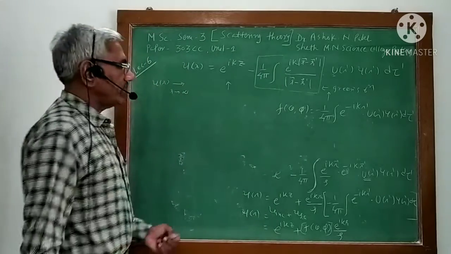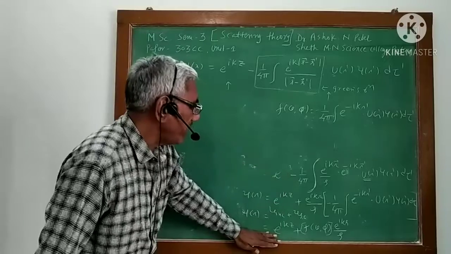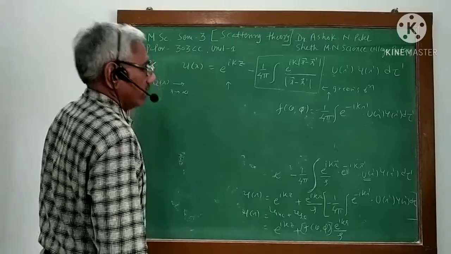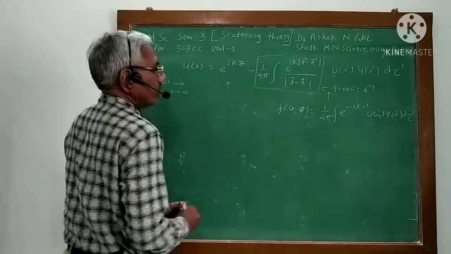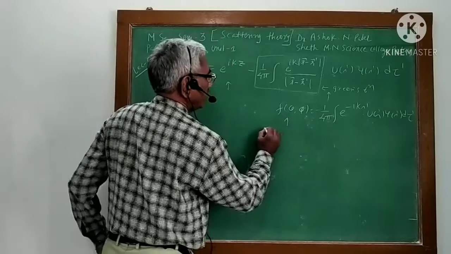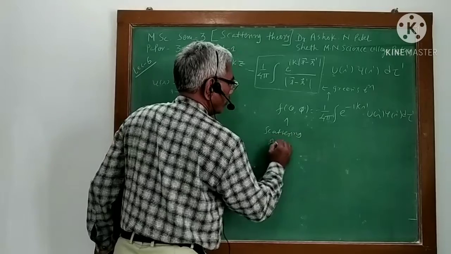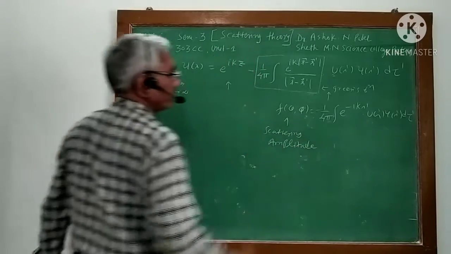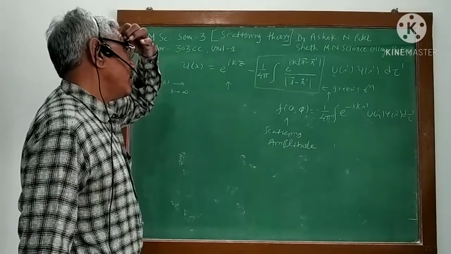Okay, so just making certain changes, I compared with this formula and I have found out this. What is this formula? This formula is nothing but the scattering amplitude. Okay. Now here you can do one thing.